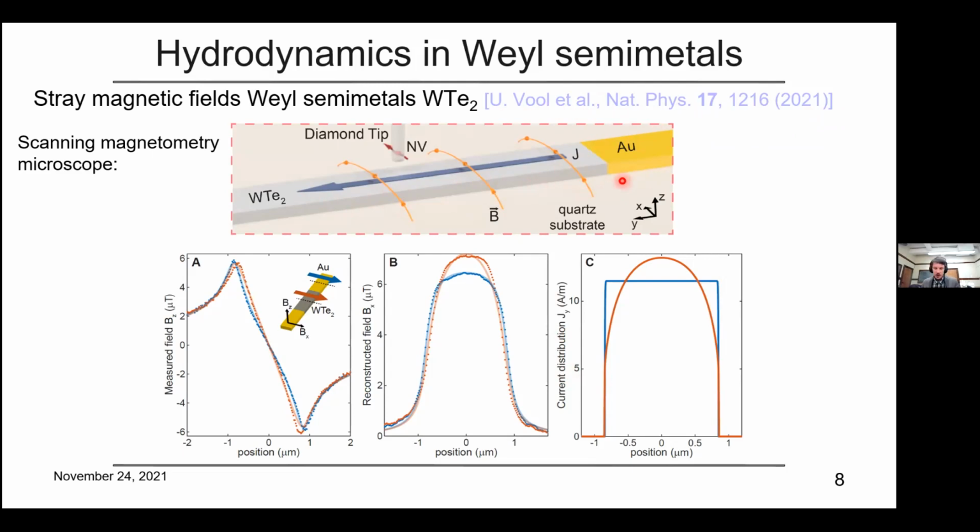It's just a film of a Weyl semimetal with gold contacts, and they used a scanning magnetometer microscope with a diamond tip to measure stray magnetic fields around this sample. These fields were created by electric current. In this figure, I'm showing essentially two measurements that were performed around the gold contacts, which are assumed to be non-hydrodynamic because gold is still quite disordered, and around the materials themselves, which we believe is hydrodynamic.